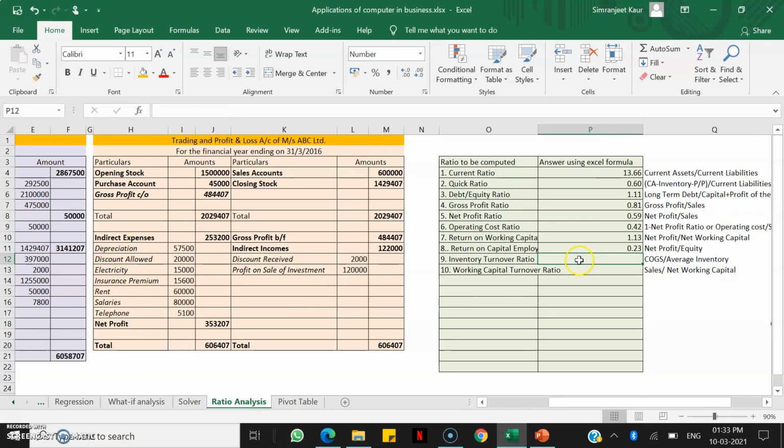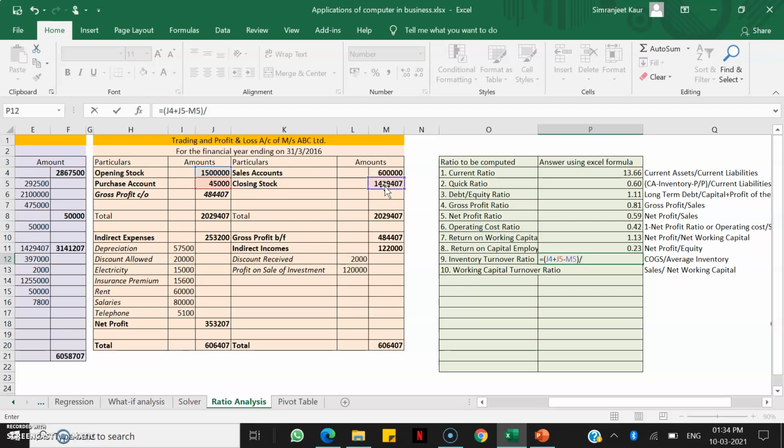Now come to inventory turnover ratio. So for this we have to calculate cost of goods sold. Sorry for my bad throat. So cost of goods sold is nothing but my opening stock plus purchases minus my closing stock, right. So let's start calculating it. My opening stock plus purchases minus my closing stock, parenthesis closed, divided by average inventory, right.